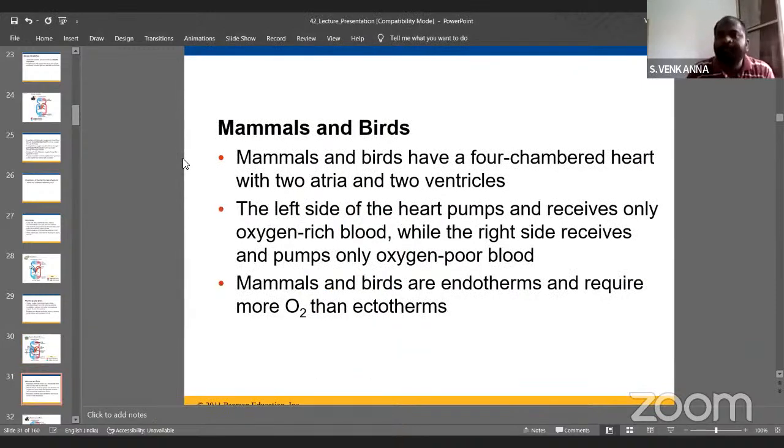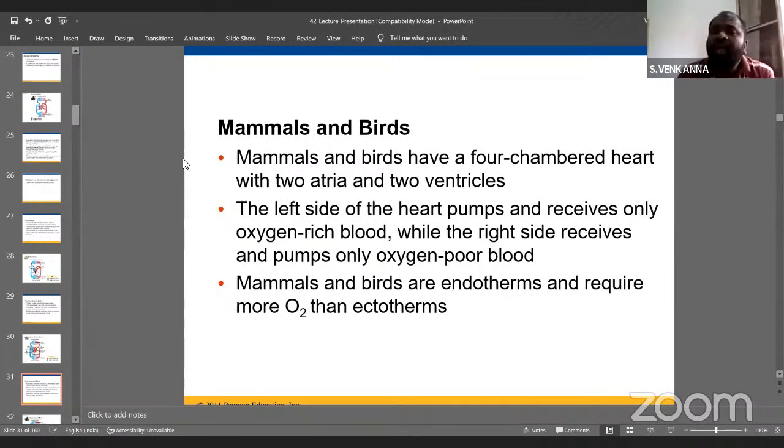Then mammals and birds. Mammals and birds have a four-chambered heart with two atria and two ventricles. The left side of the heart pumps and receives only oxygen-rich blood, while the right side receives and pumps only oxygen-poor blood. Oxygen-poor blood is shown in blue, and oxygen-rich blood is shown in red. This is called oxyhemoglobin. Mammals and birds are endotherms and require more oxygen than ectotherms.